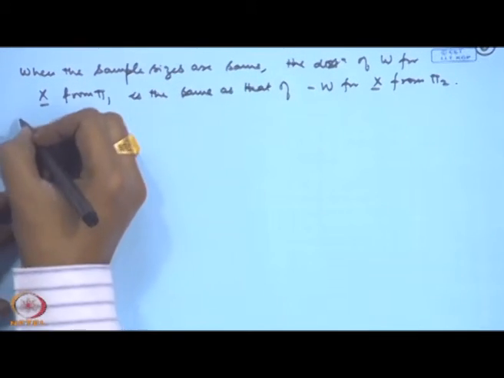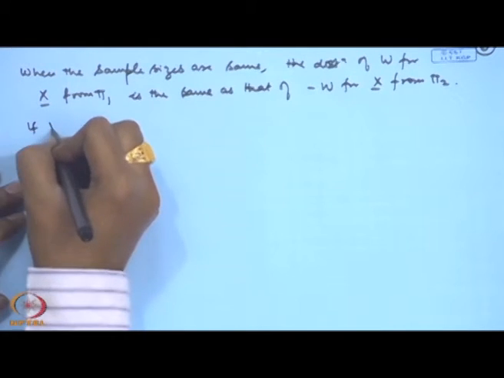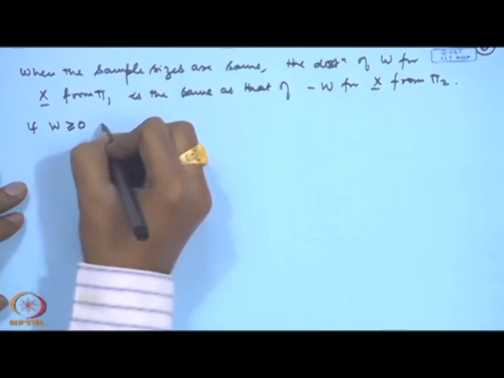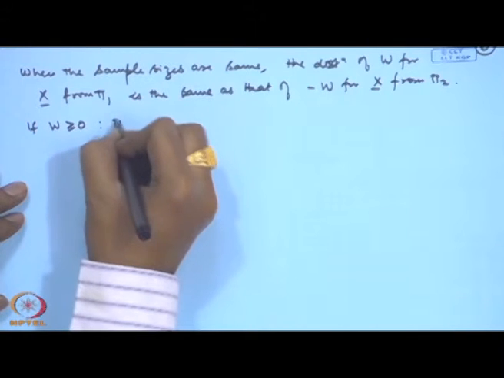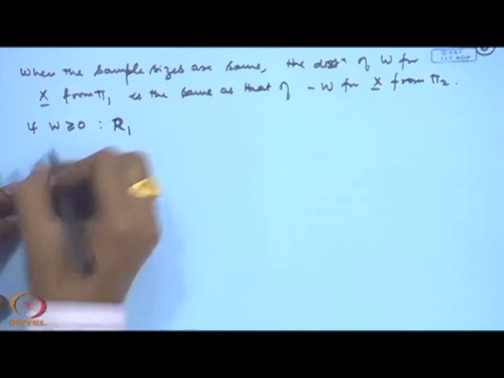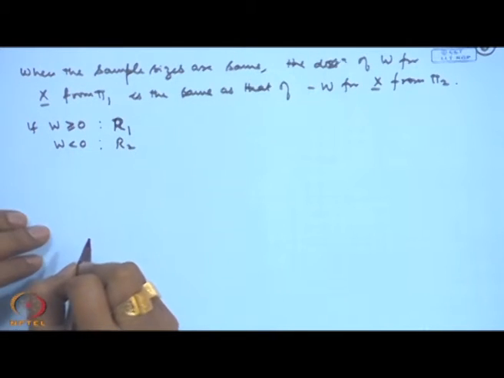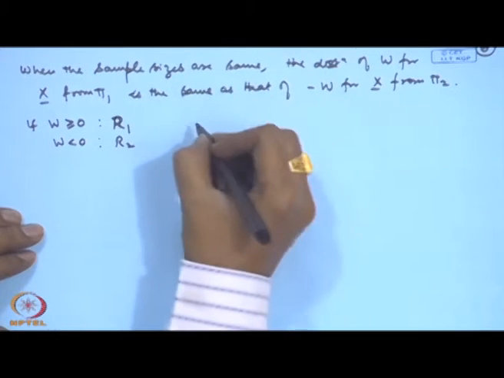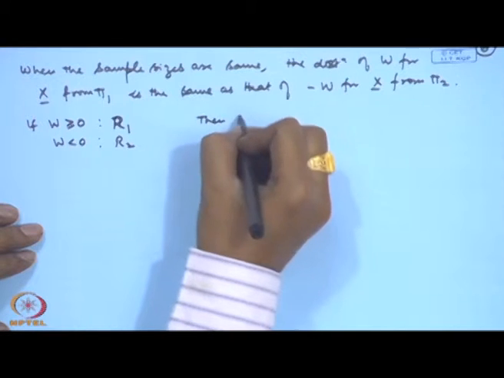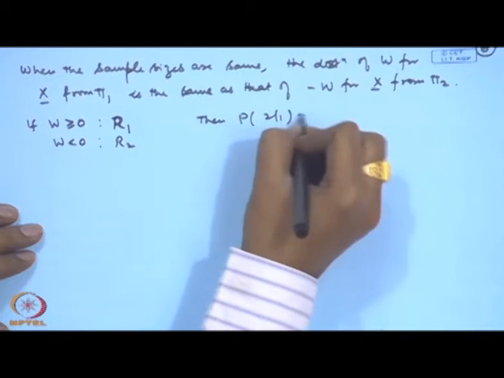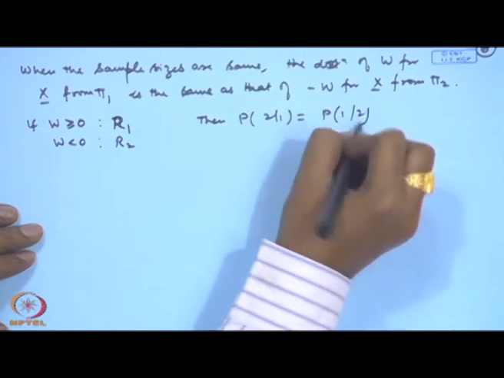So, if we consider W greater than or equal to 0 as the region of classification into pi 1 and W less than 0 as the region of classification in this one, then P 2 given 1 is equal to P 1 given 2.